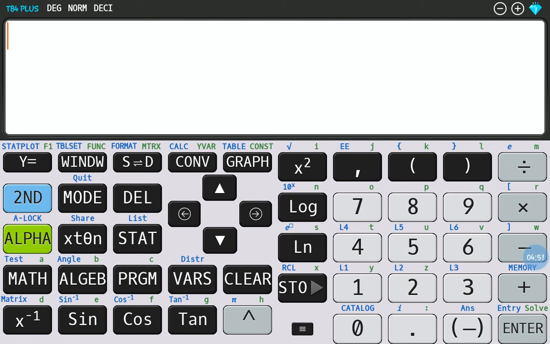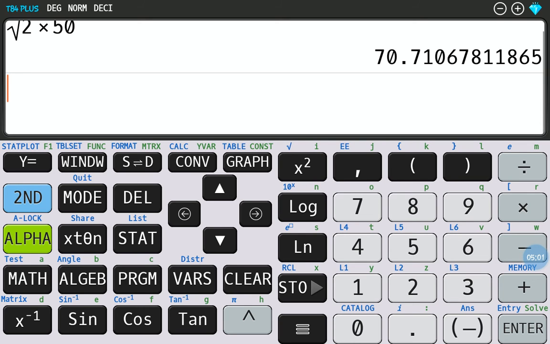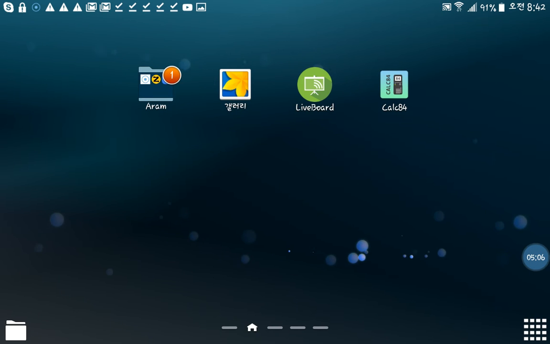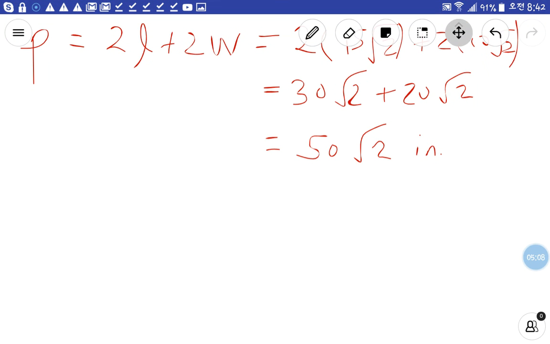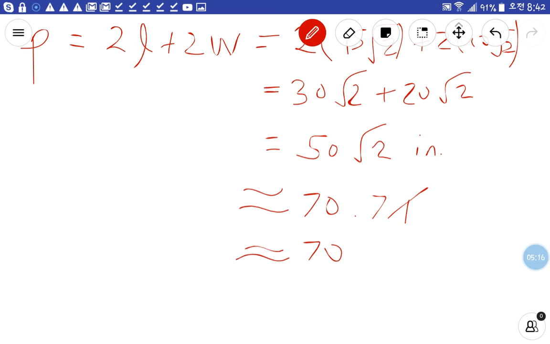So I have radical 2, and then you have times 50 with it. That would be 70.71. The question is to round to the nearest tenth. So my answer here is 70.71, but you're going to round down. So your answer would be 70.7. That is your final answer.